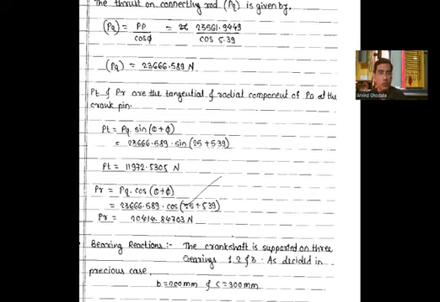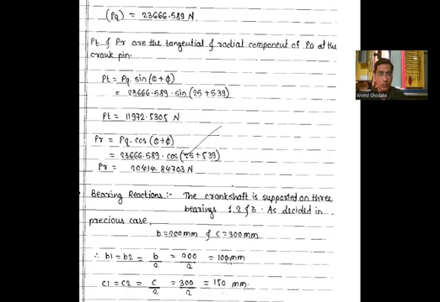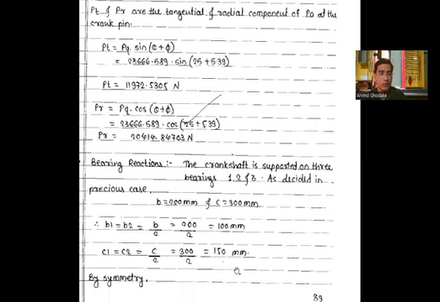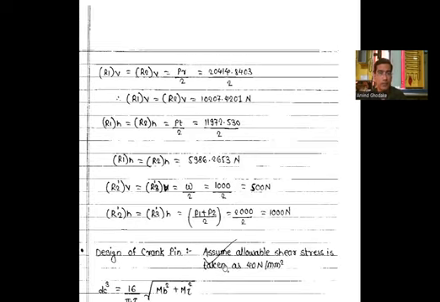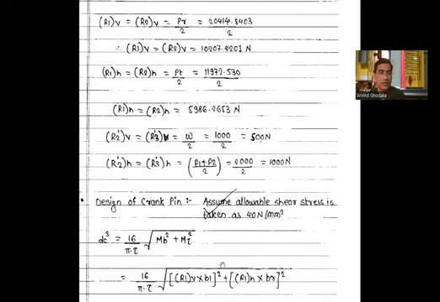For the bearing reactions, the crankshaft is supported on three bearings, that is 1, 2, 3, as decided in the previous case. Therefore, B is equal to 200, C is equal to 300, B1 and B2 are equal to 100, and C1 and C2 are 150 by symmetry. Similarly, the reactions are calculated, and for the design of the crank pin, the allowable shear stress is taken as 40 Newton per mm square.